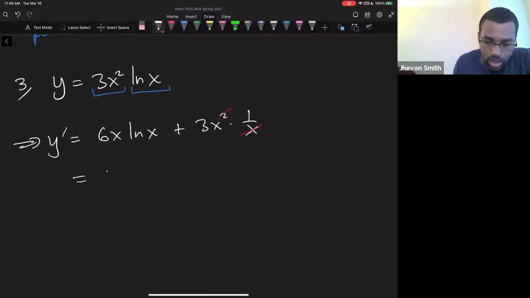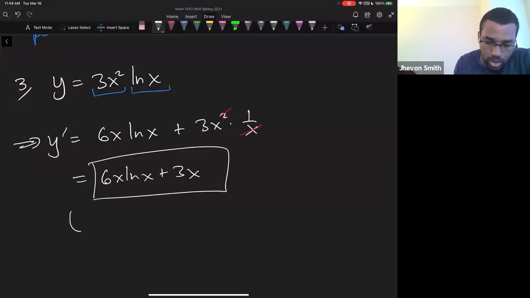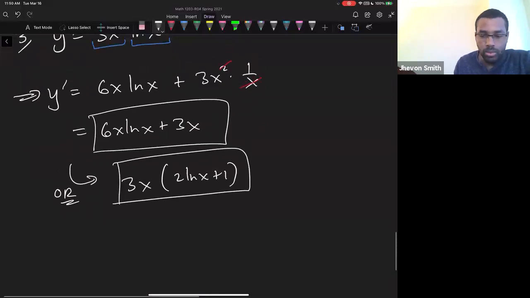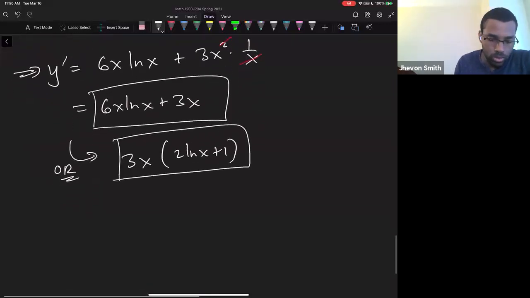And so this is 6x ln x plus 3x. Or I guess you could factor out a 3x, and get 2 ln x plus 1. Nothing much to say about that one, I don't think.